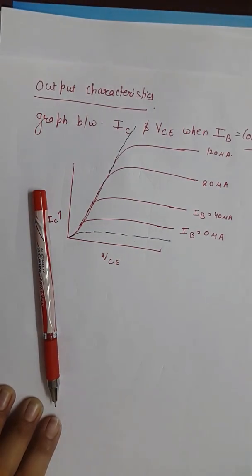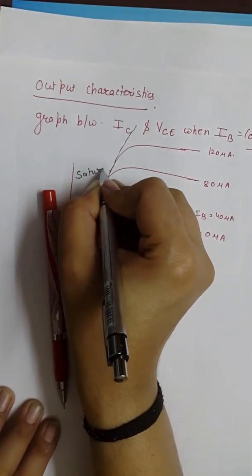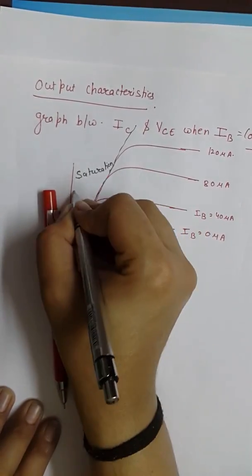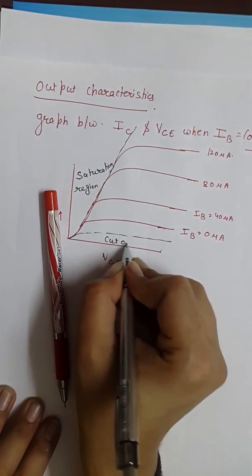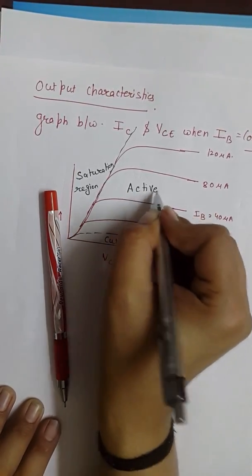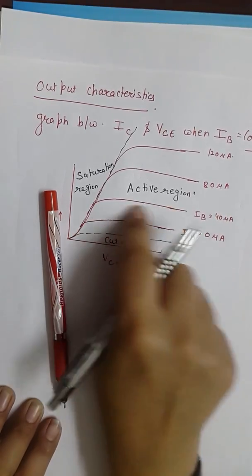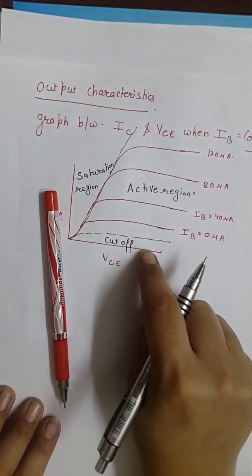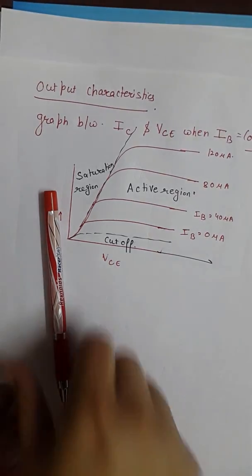This is my saturation region. This is cut off and this one is active region. Your transistor is most applicable in this active region. Okay, this is cutoff, saturation and active region.